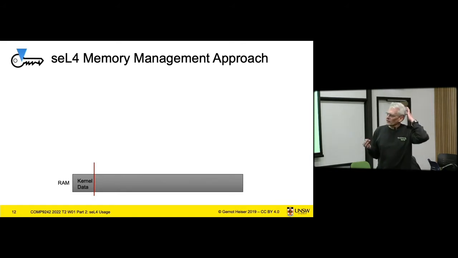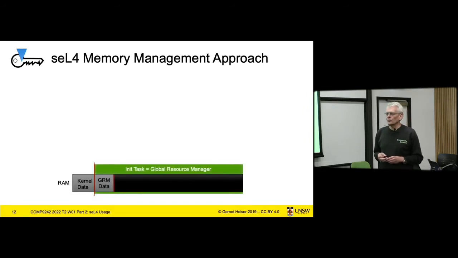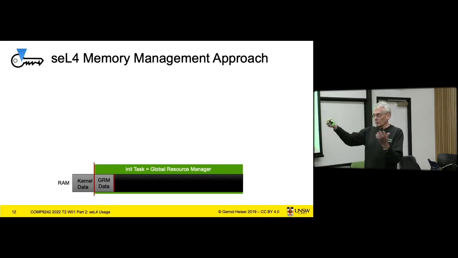So there's a startup protocol that says where the kernel finds the first process, which we generally call the init task or the global resource manager, and it basically sets up that one's text and data segments and hands all the free memory as untypeds to that process, and then it gets it started, and from then on the kernel is purely reactive.